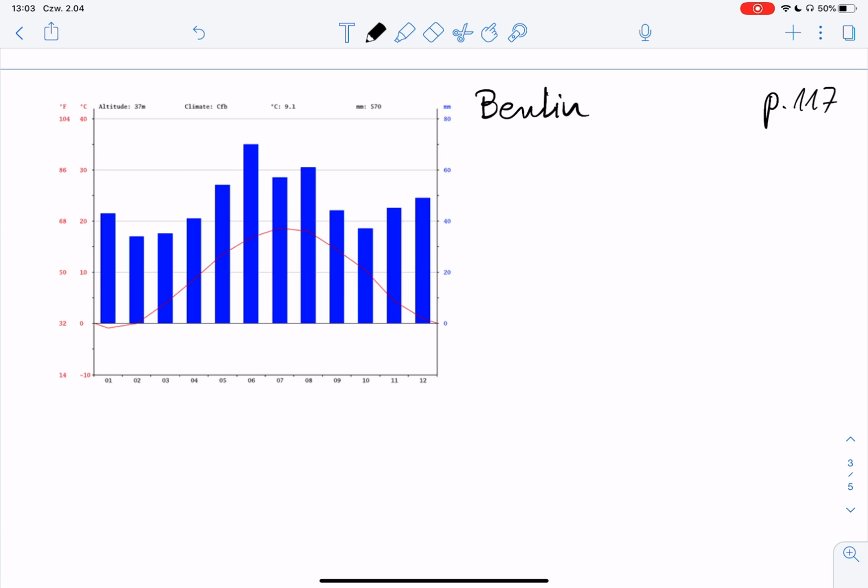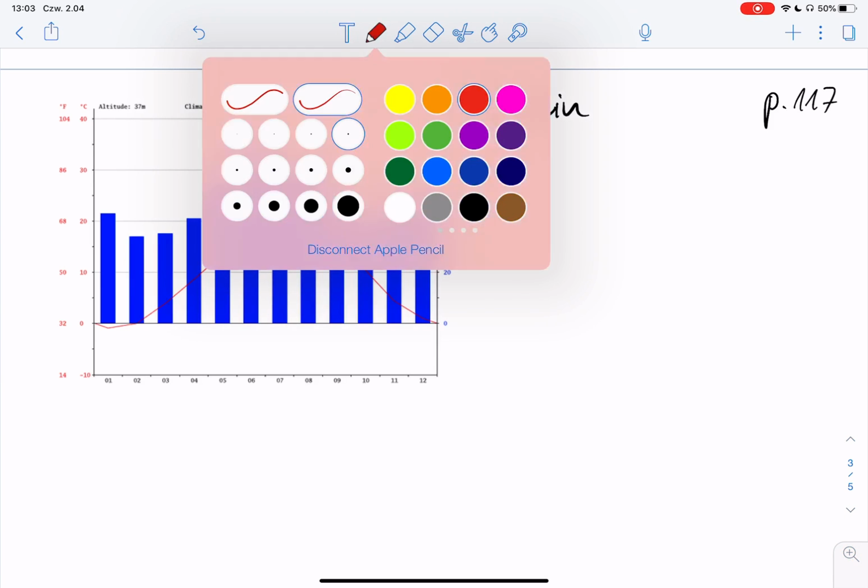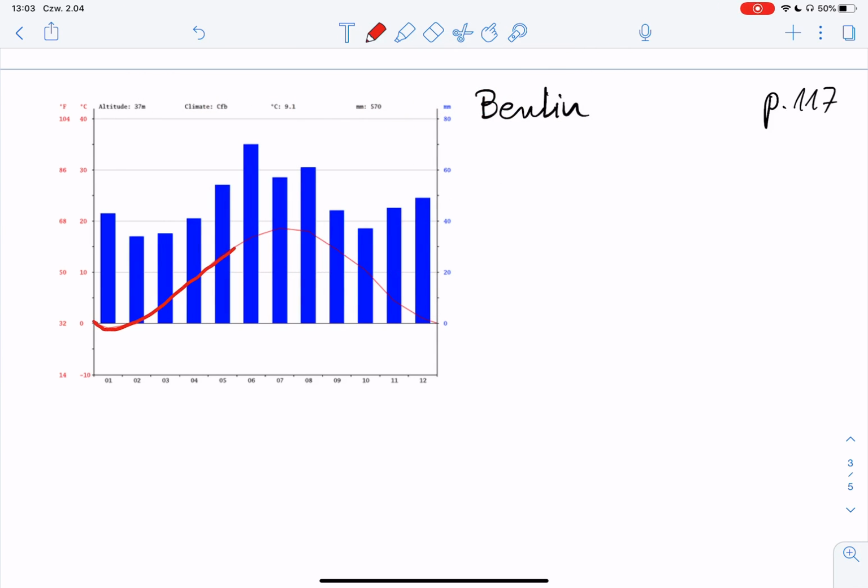So, guys, as you can see, for the first basically peak, the temperature changes dramatically throughout the year. It ranges from minus 3, 4 degrees to 20 degrees.